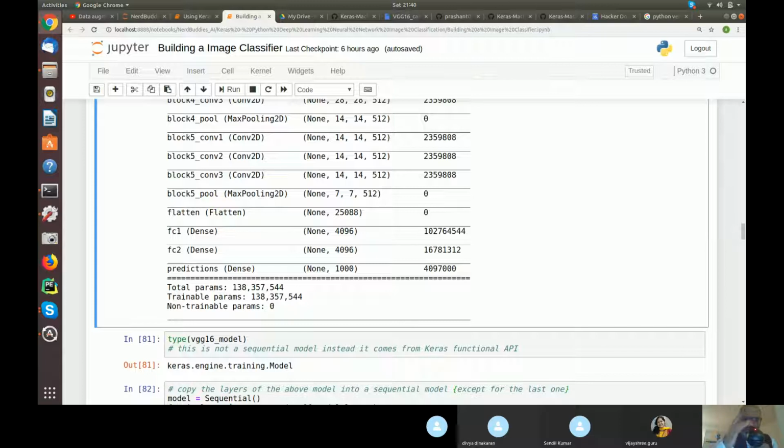If we don't freeze them, then it will try to optimize everything. It's going to try to predict 138 million parameter weights. Correct. It will try to learn new values for all those weights based on the images that we're providing it. It'll take quite a while though.